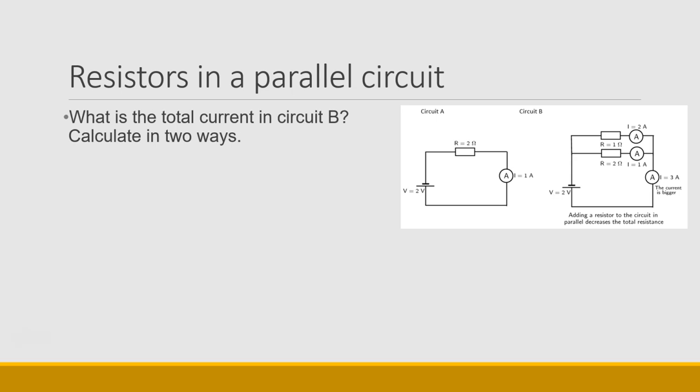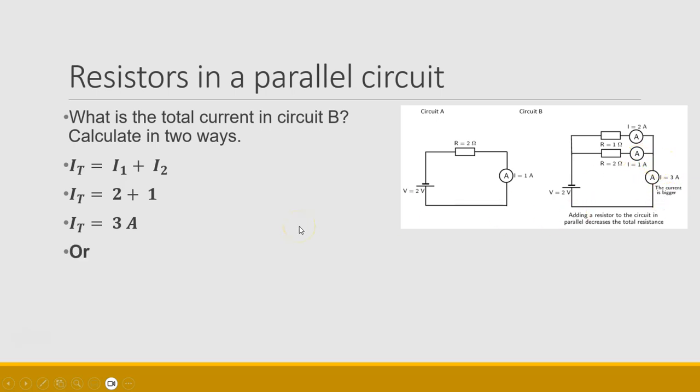We can calculate this in 2 ways. One of the ways is the way that I just mentioned. We can say that the total current is equal to I1 plus I2. We just add up the individual currents across the branches. So it is 2 plus 1. So that gives us a total current of 3 amps.